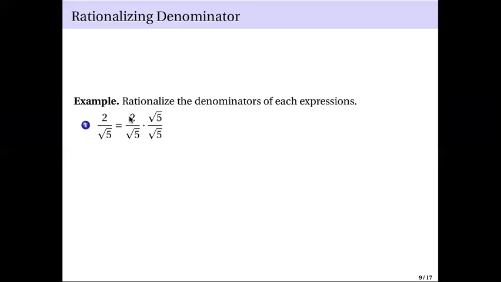So we have 2 square root of 5 over square root of 5 squared, and therefore 2 square root of 5 over 5. So we have removed that radical sign in the denominator. Okay?